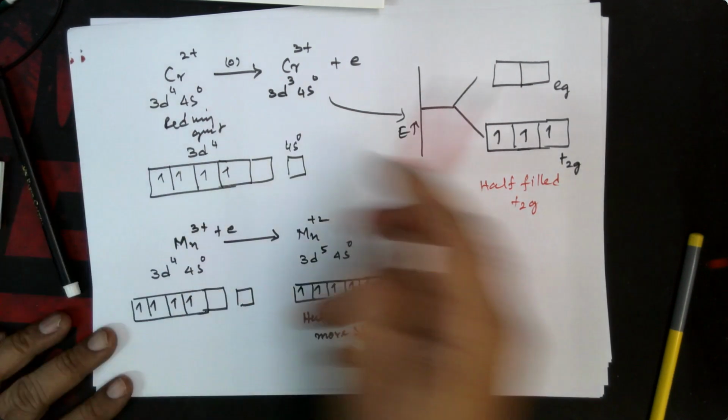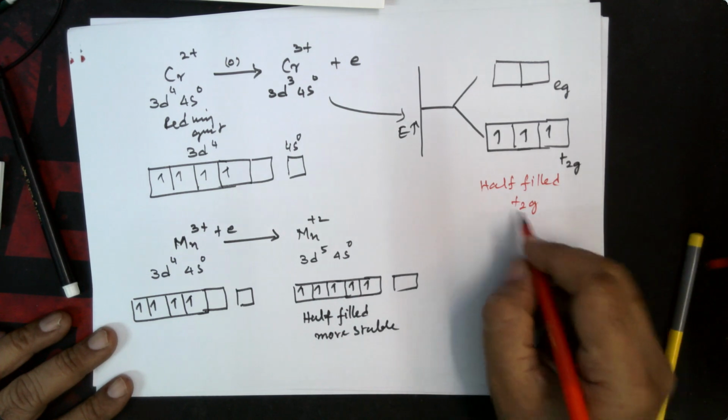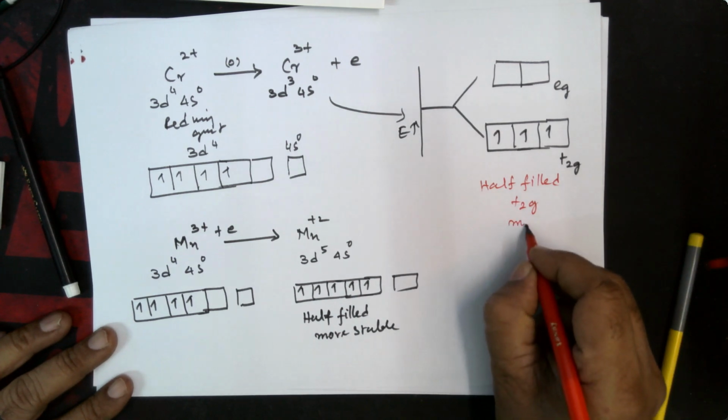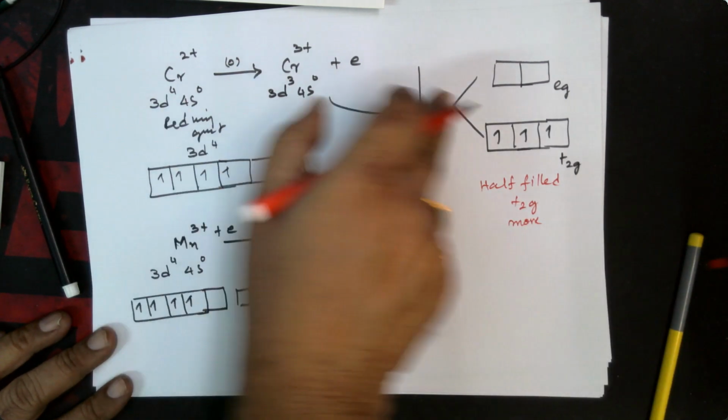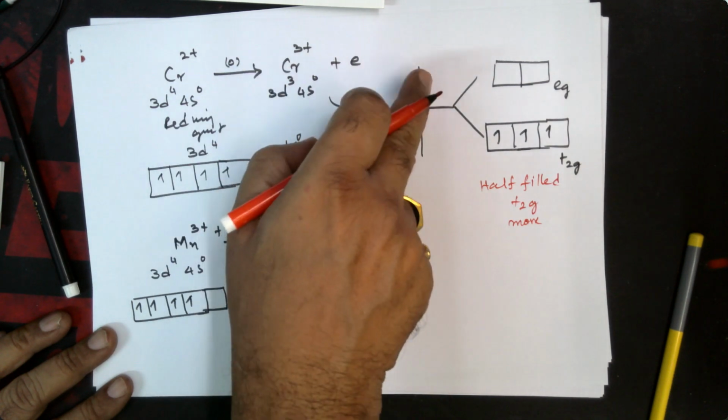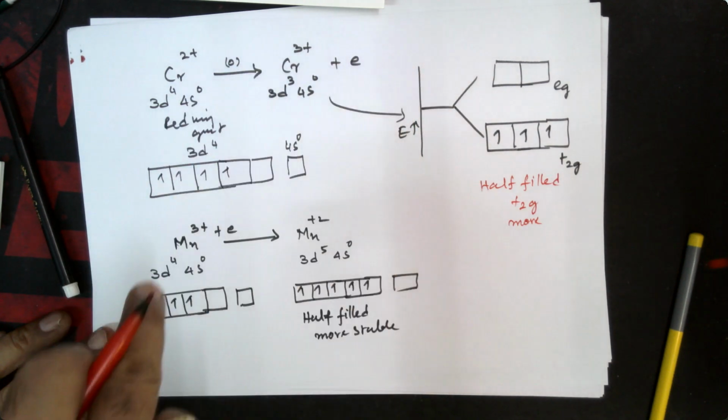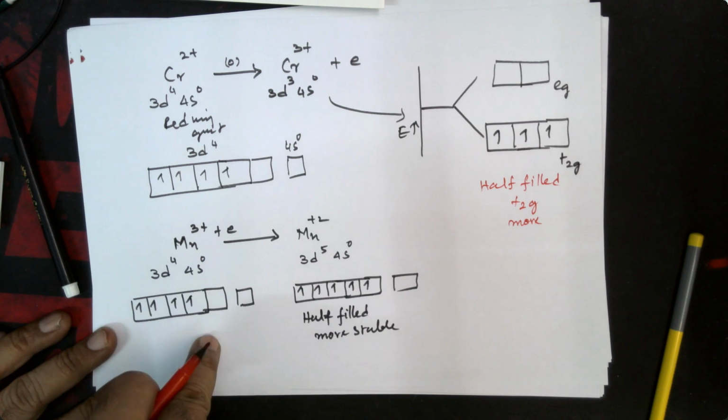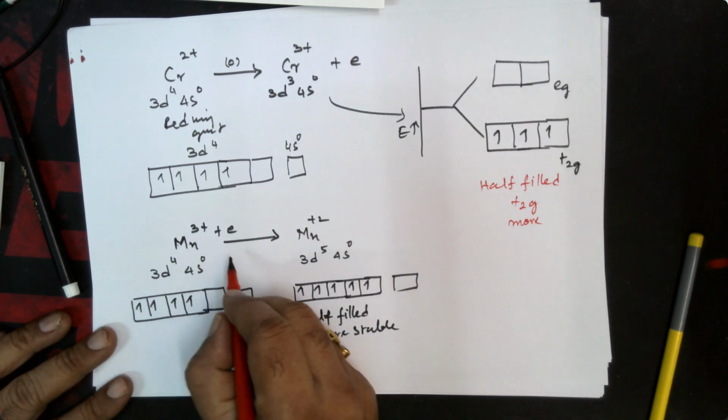Similarly, in the chromium case, half filled T2G is more stable. So chromium opts for oxidation, whereas this one prefers to undergo reduction.